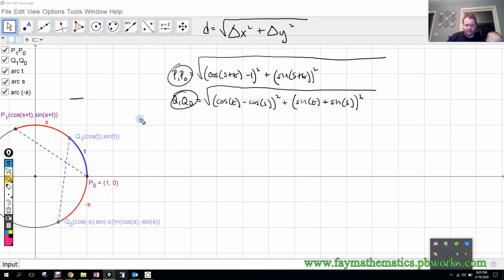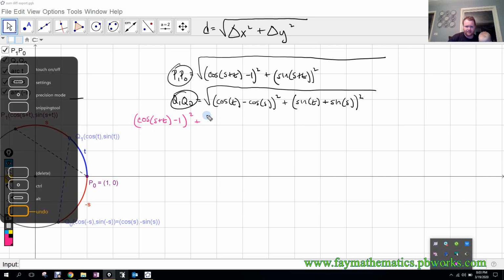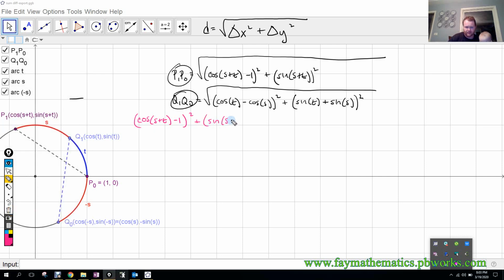We're going to have that top radicand, so cosine of s plus t minus 1, that quantity squared, plus then the sine of s plus t, that quantity squared, is equal to now the bottom radicand. So the cosine of t minus the cosine of s squared, plus then the sine of t plus the sine of s, quantity squared.